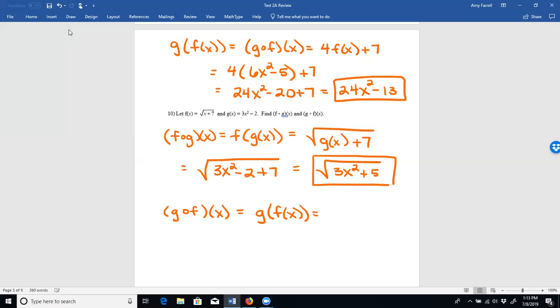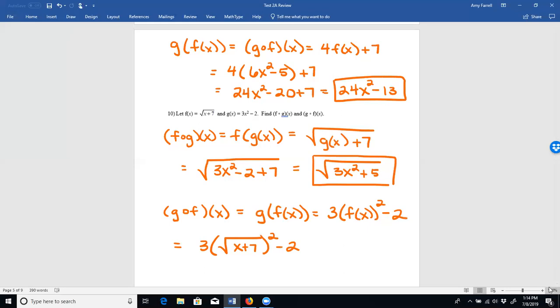So the function g is 3x squared minus 2. In place of the x, we are going to put in the function f. So we're going to have 3 times the function f squared minus 2. So it's going to be 3 times the square root of x plus 7, squared, minus 2.